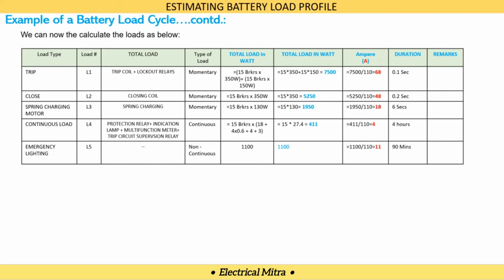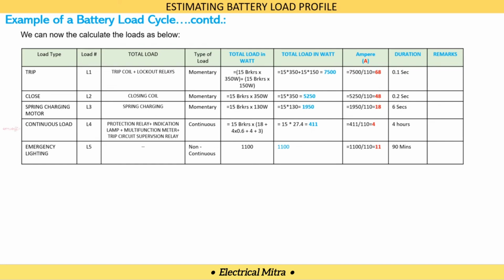So amps during the tripping works out as 68 amps. We can similarly calculate the DC loads for closing operation and spring charging condition. Duration of the loads during tripping, closing or spring charging operation shall be as given in the table, and these data can be obtained from the data sheet of the 11 kV switchboard.